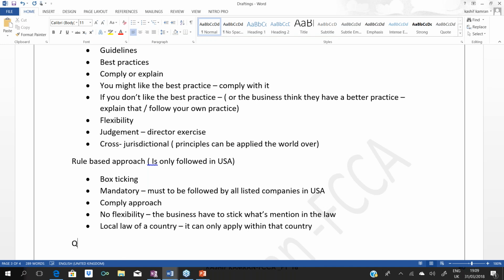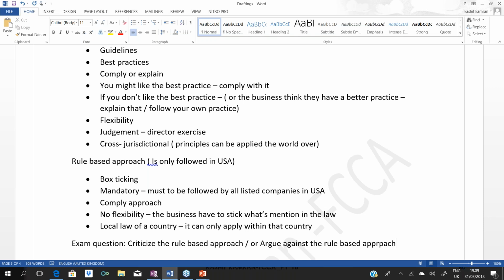So in an exam question, you may be asked to criticize the rule-based approach, or you may get a question in P1 like argue against the rule-based approach.